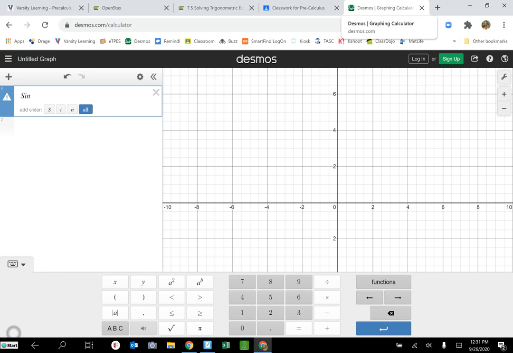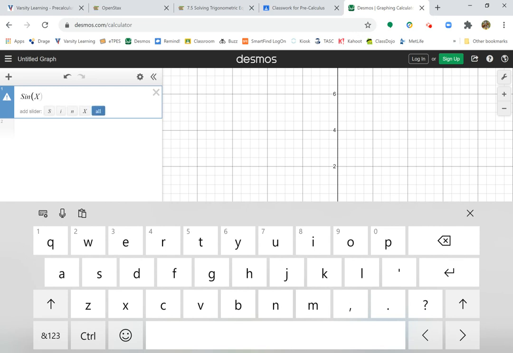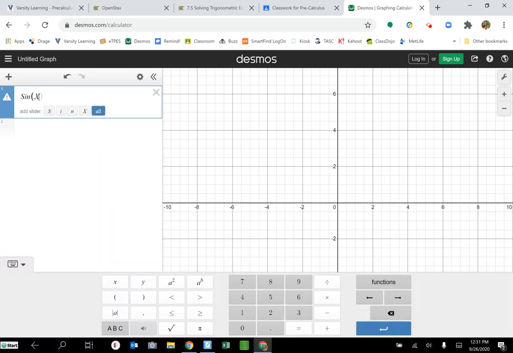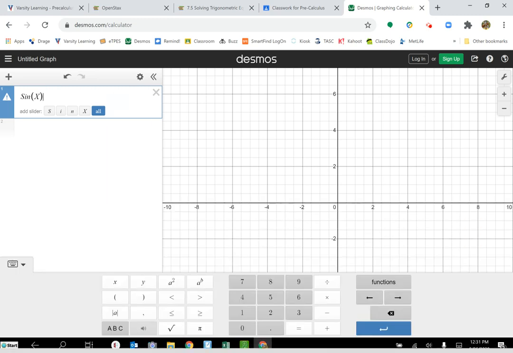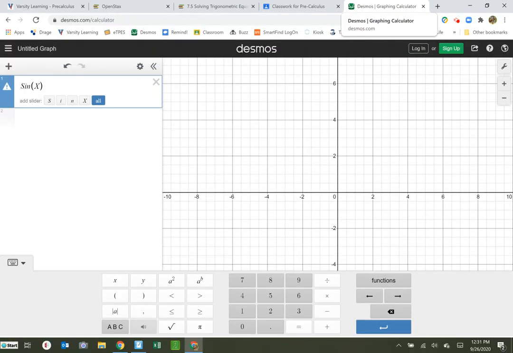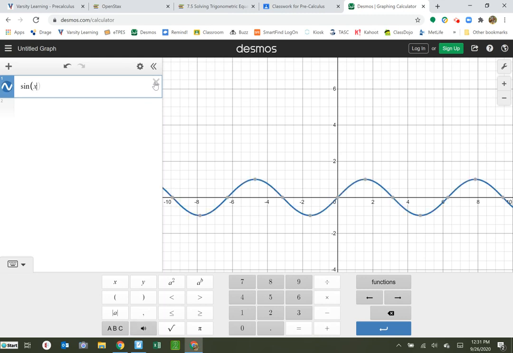So sine of x and close it. Hang on one second. I'm going to attach a keyboard so this stops popping up all the time. Give me 1 second here. We're going to delete this. Yeah, okay, there we go.